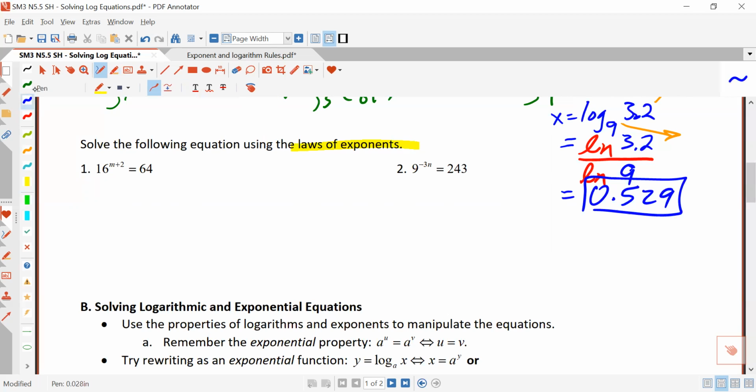So 16 is 2 to the power of 4. And 64, what is 64? 2 to the power of what? 2 to the power of 6, I think.